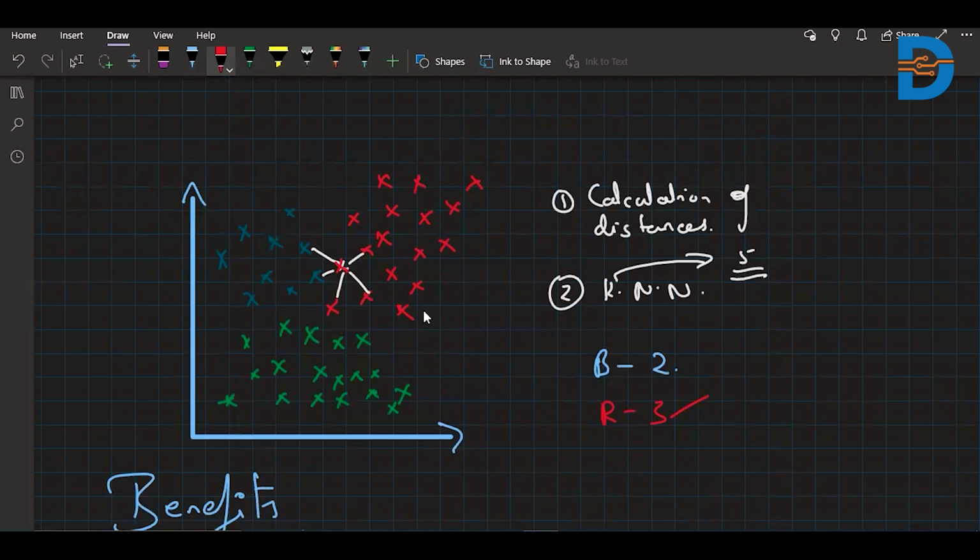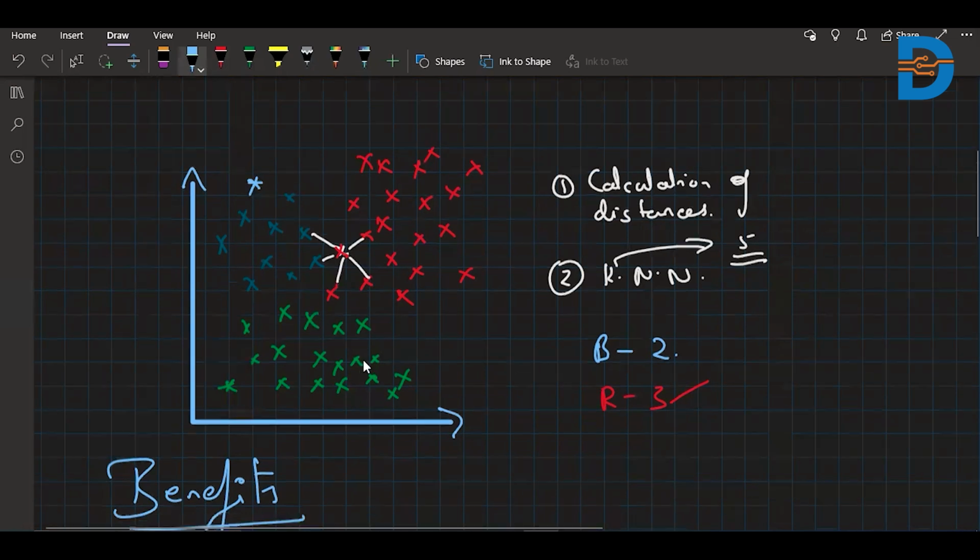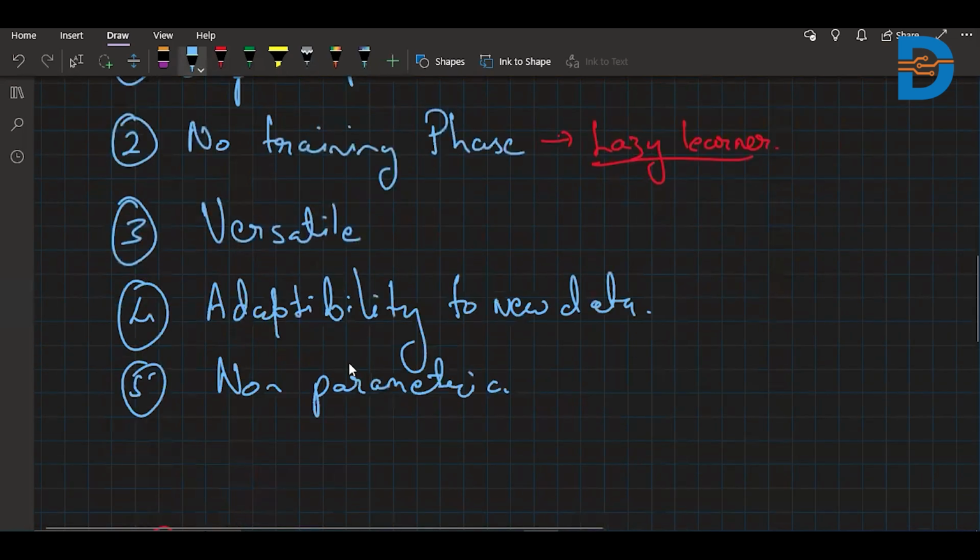You would have to run the whole process again and come up with essentially a new model. But in the case of KNN, even if I add in new data points at these spots over here, KNN is just going to say, okay, I have been storing the training data anyway, I need not learn anything new. So you can keep on adding or modifying the data. That is not an issue when it comes to KNN.